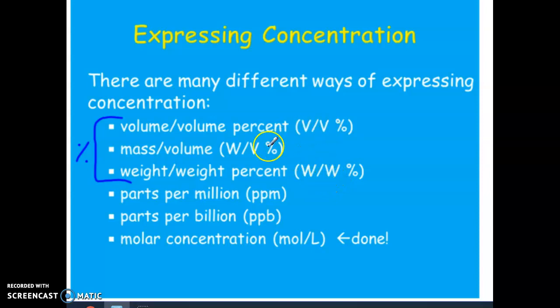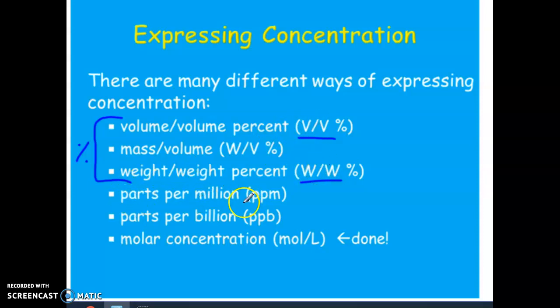Okay, so this usually depends on what you're talking about. If you have a liquid dissolved in a liquid, volume and volume fits beautifully. If it's a metal alloy where you have a solid mixed with solids, sure, weight and weight, but not necessarily. You can measure the weight of a liquid also, right? So it just depends on what type you'd like to express.